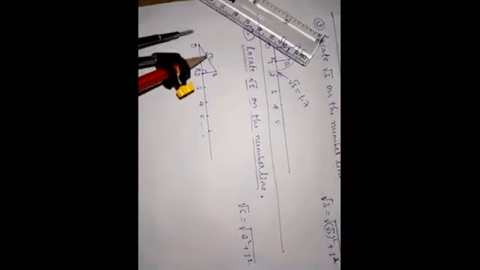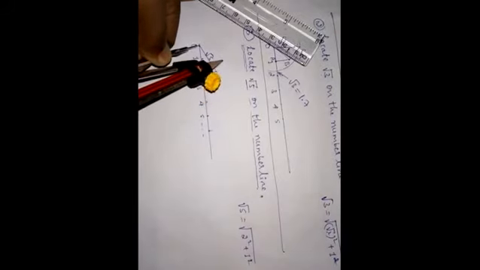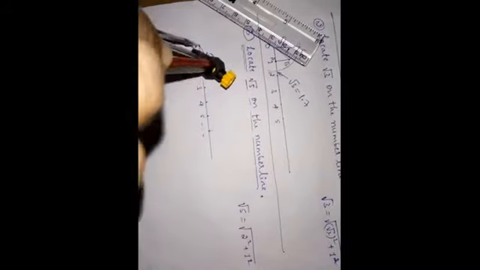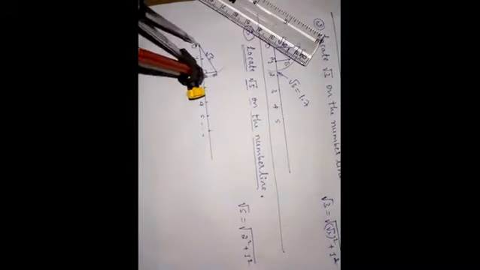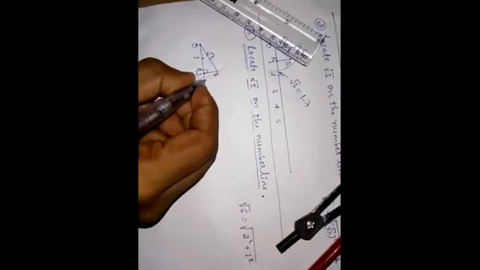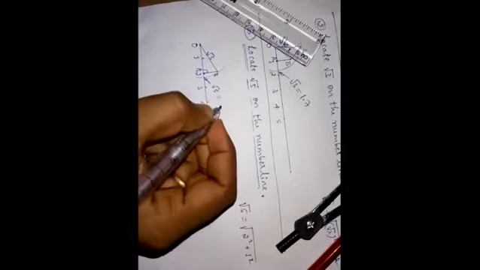Let me measure the value of root 5 by using your compass. Take the radius OB and draw an arc which intersects the number line. This point gives the value of root 5. Let me measure the value of root 5.